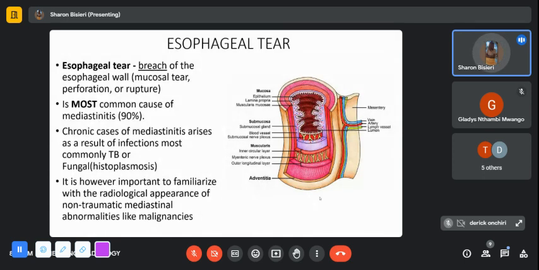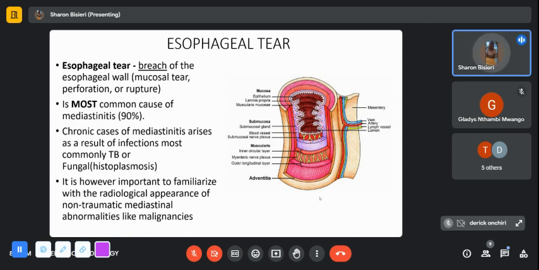By definition, an esophageal tear is a breach of the esophageal wall, meaning any break. It can extend partially through the wall or completely, resulting in a complete tear. Esophageal tears are known to be the most common cause of mediastinitis, attributing to about 90% of the causes.